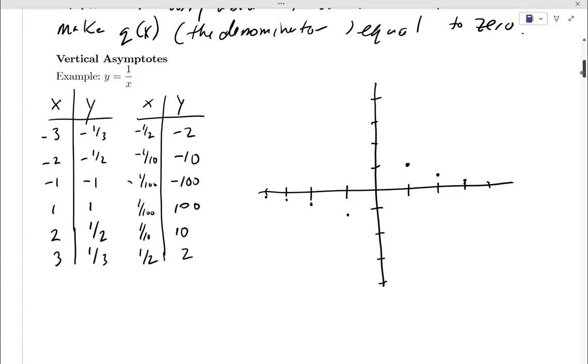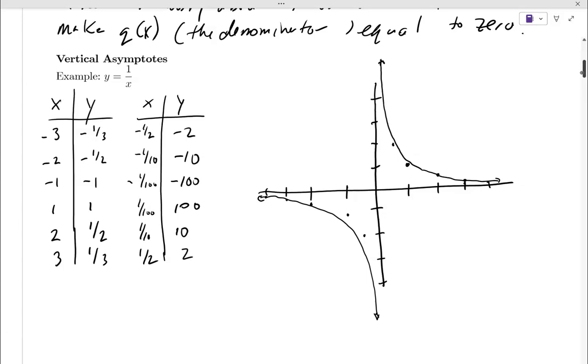But now when we put in a half, we got 2. When you put in a tenth, which would be close to the y-axis, we'd be getting out 10. Likewise, on the other side, we're getting really, really big things. And so we're getting a graph that looks like so. I missed my points, but you get a graph that looks like this.